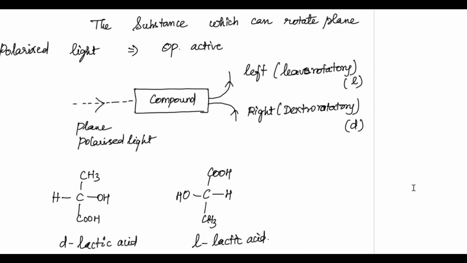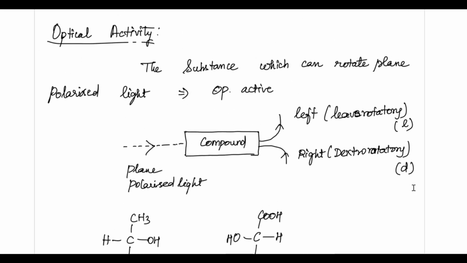What is optical activity? A substance which can rotate the plane polarized light is optically active. Let's say I am passing white plane polarized light through the compound. It either rotates the light to the left side or right side. So depending on which rotation, we decide the optical activity.